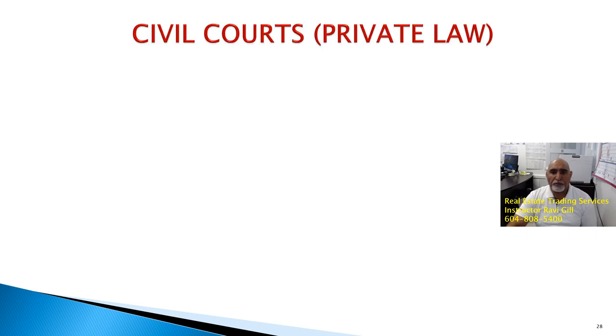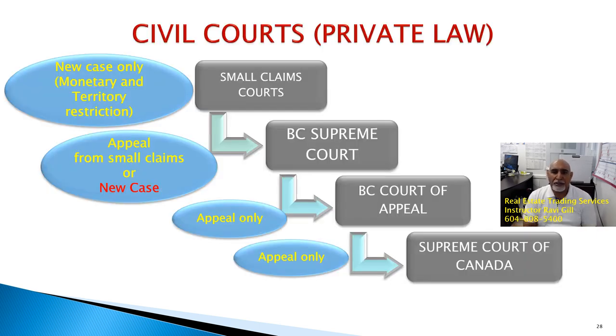Okay. So let's take a look at the order. Okay. Civil courts, we know there's small claims, there's BC Supreme Court, there's BC Court of Appeal, and the Supreme Court of Canada. You can start your case in small claims, or you can start your case in BC Supreme Court.